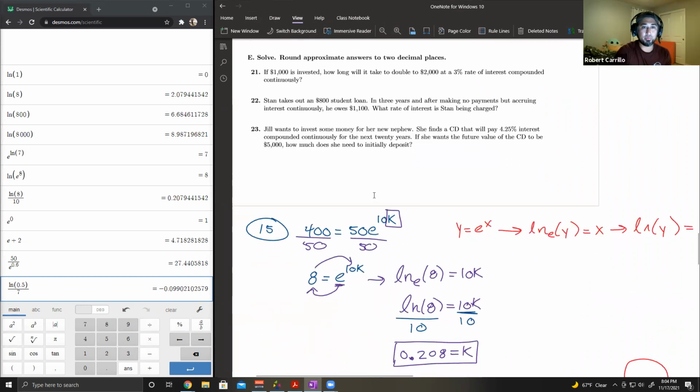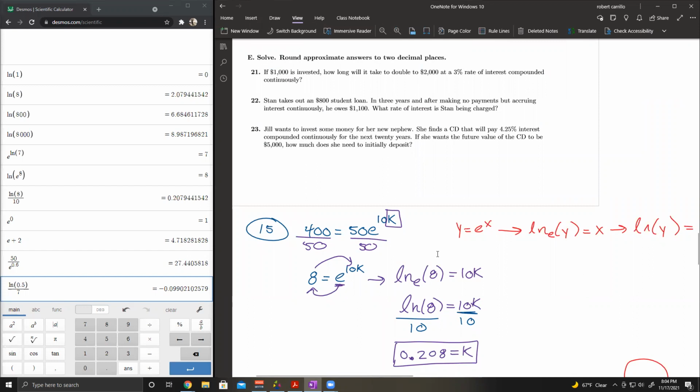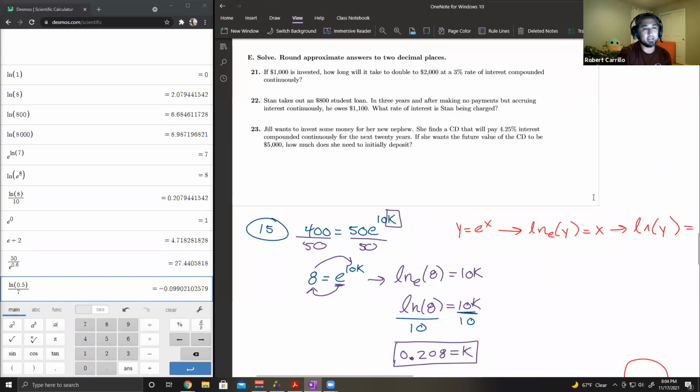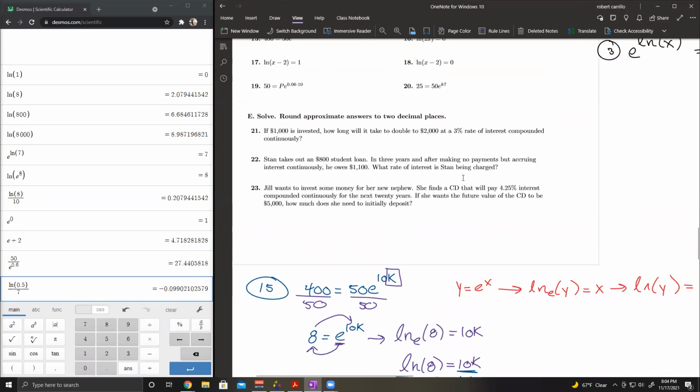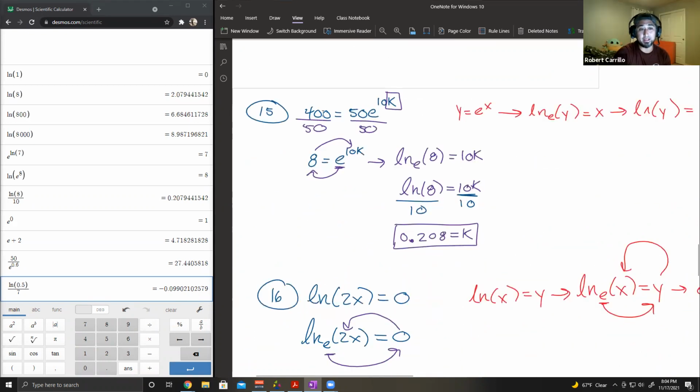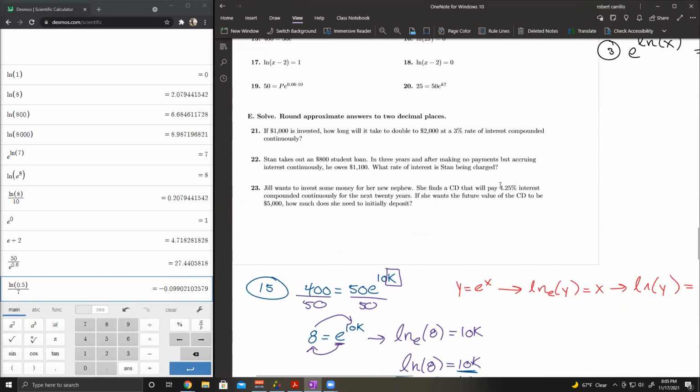If there was a 5 before ln, like on the one in red, how would it transfer? We would have to move it by another property, but that's not till the last section that we learn. There's some homework on it. But then you might have to divide it like we've been doing here before you convert. Gotcha. Okay.